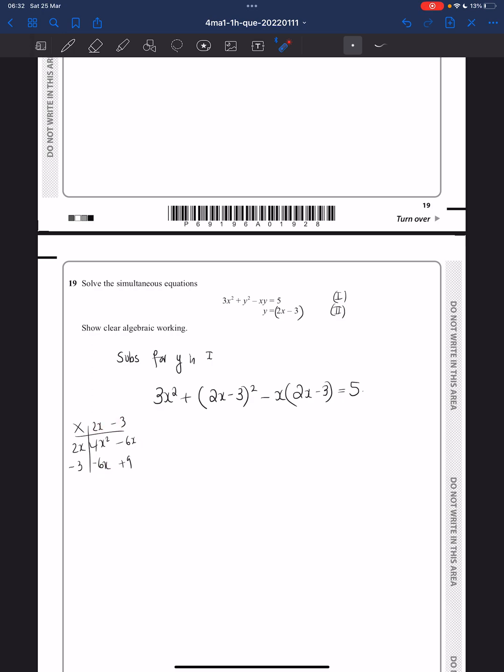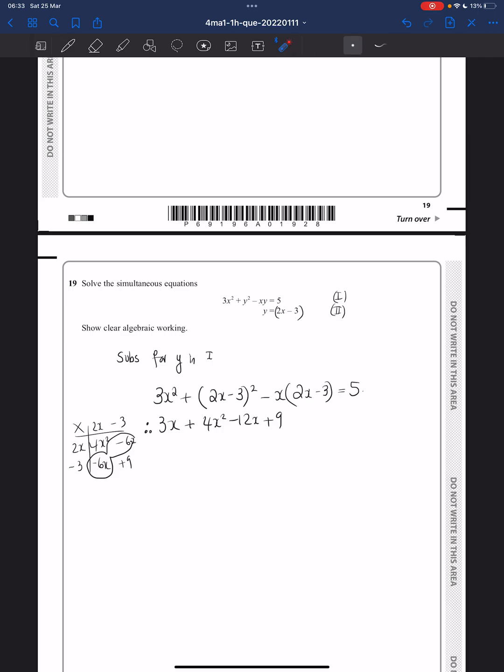Minus 3 times 2x, minus 6x. Minus 3 times minus 3 is 9. Okay, so we've got 3x squared. Then 4x squared, minus 12x plus 9.